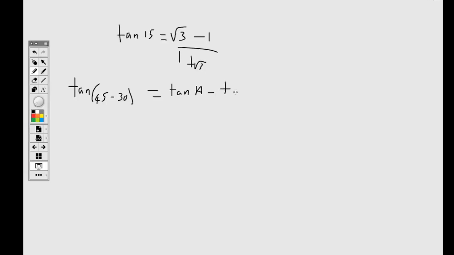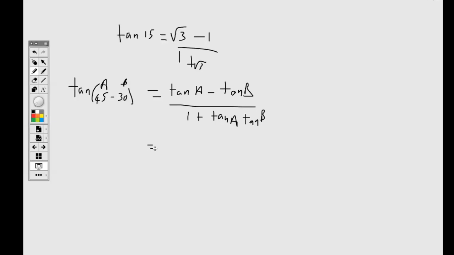Now the rule is that when we subtract tan, we'll have tan A minus tan B over 1 plus tan A tan B. So in this case, A is 45, B is 30.